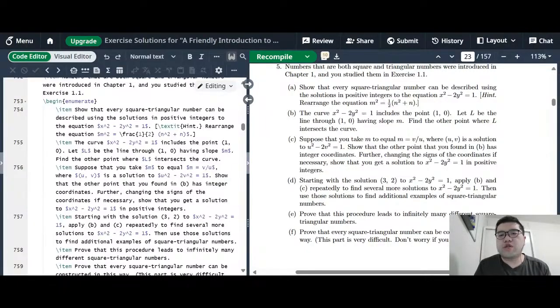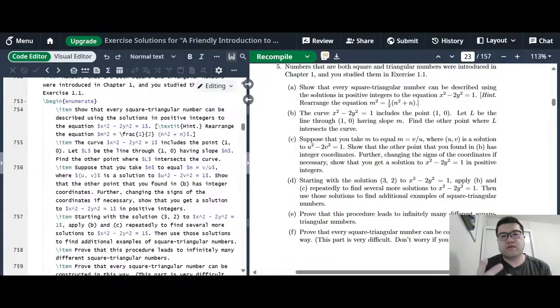Hint: rearrange the equation m squared equals 1/2 times the quantity n squared plus n. That is saying that if a number is a square triangular number, it is a square number and a triangular number simultaneously. Therefore, we can try to rewrite such a number.